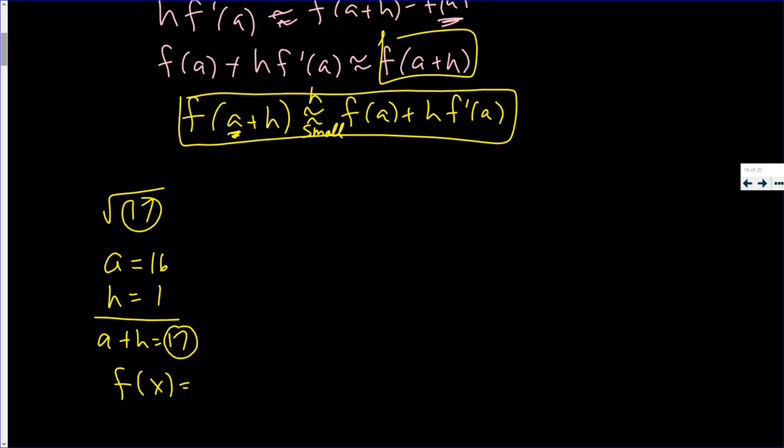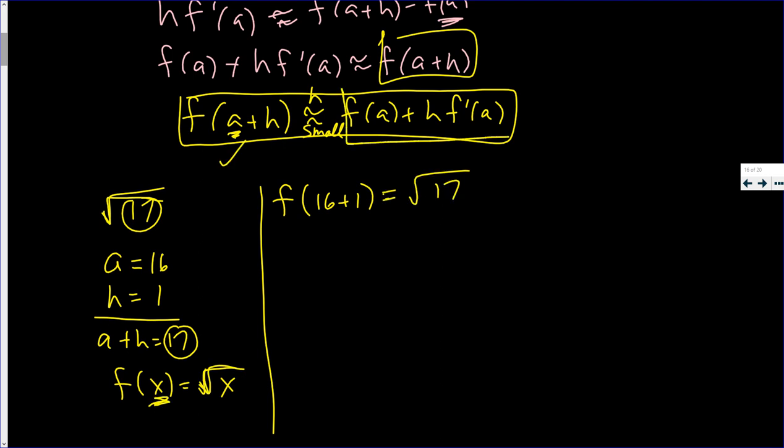f of a plus h is equal to, well, no matter what goes in there, you take the square root of it. So this is the square root of 17. Well, that's good. So the left side is what I want. Now, I want to calculate it by doing the right-hand side.